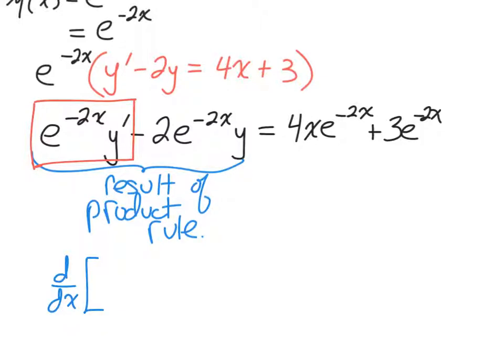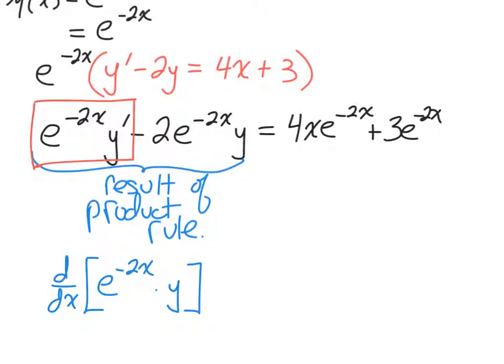All right, so the first function is e to the -2x, multiplied by the derivative of the second function. So what's my second function? Just a y.